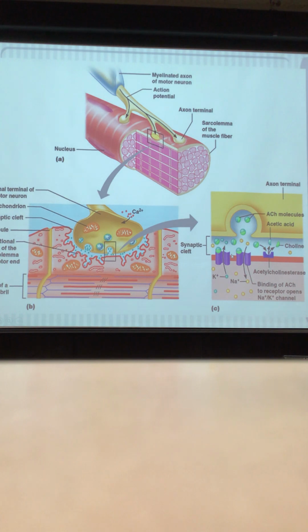So the answer to how we deliver that current across the synapse is through the use of a neurotransmitter. These green dots that cross the synapse, they are neurotransmitters.